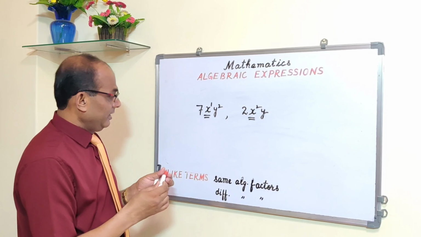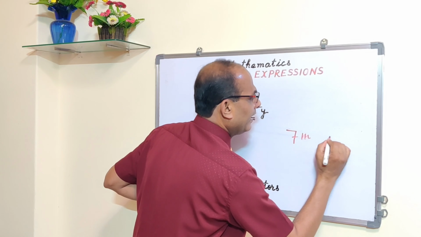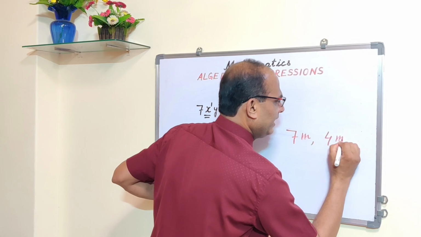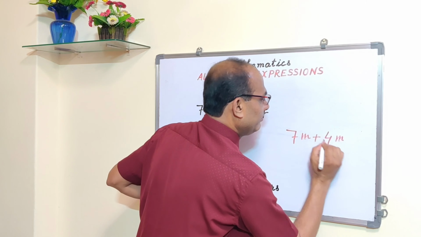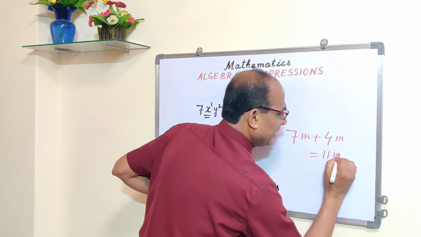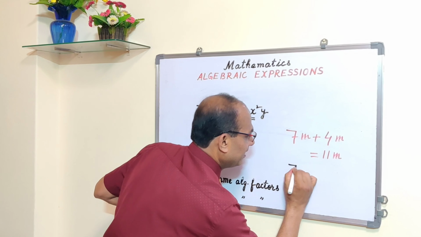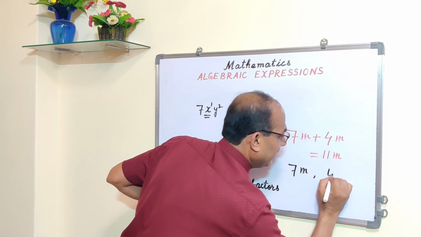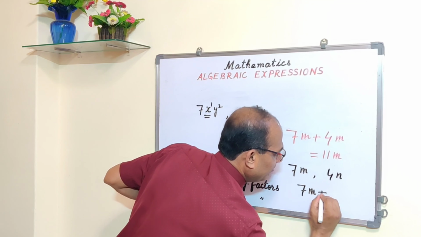For example, if you have 7m and here you have 4m, then you can add 7m plus 4m, and that gives you 7 plus 4, 11m, right? But if they are unlike terms, suppose one is 7m and the other one is 4n, then you have to write it like this, 7m plus 4n.